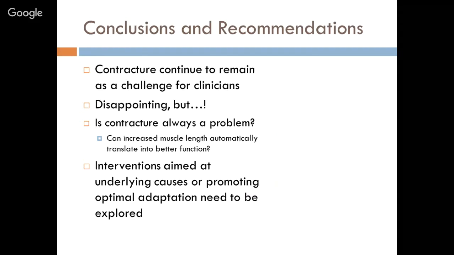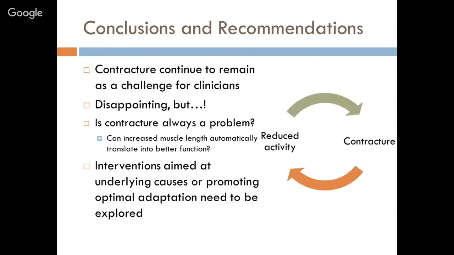Finally, we have to understand that contracture is not a direct result of a disease or any lesion. It is often a consequence of reduced levels of activity. When a patient is developing contracture, our treatment often focuses on reducing it, but I would recommend that we shift our focus to changing the reduced activity level.